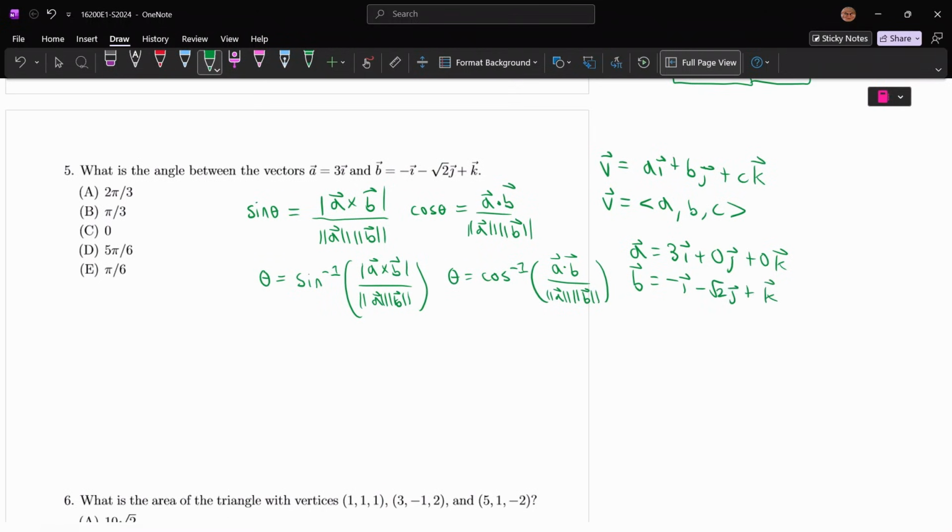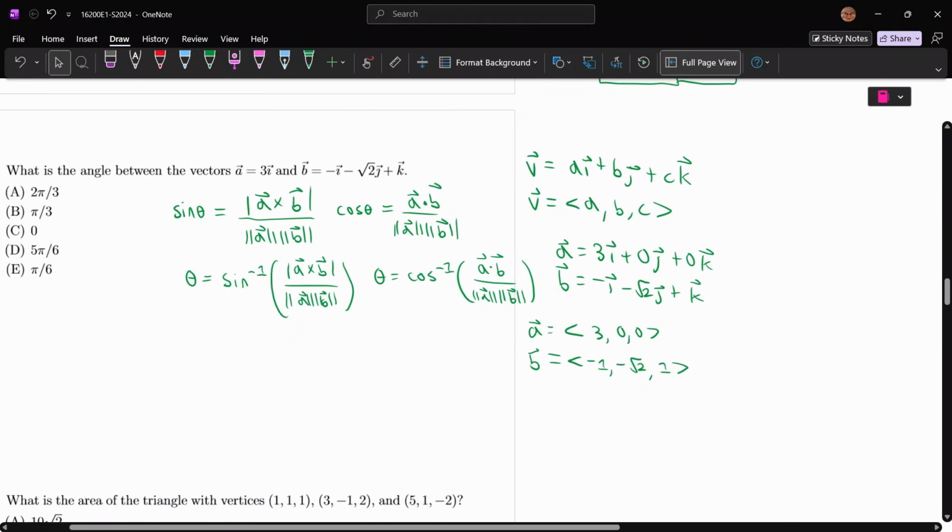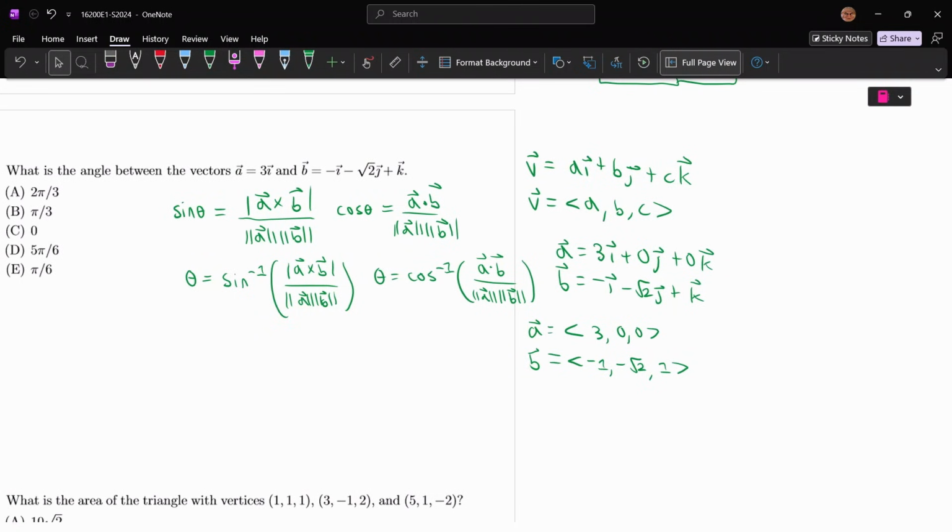So in traditional notation, a would be equal to 3, 0, 0, and b would be equal to negative 1, negative square root of 2, and 1. Now, all we have to do is take some dot products and some magnitudes, and plug it into this expression over here, and we'll have an answer.